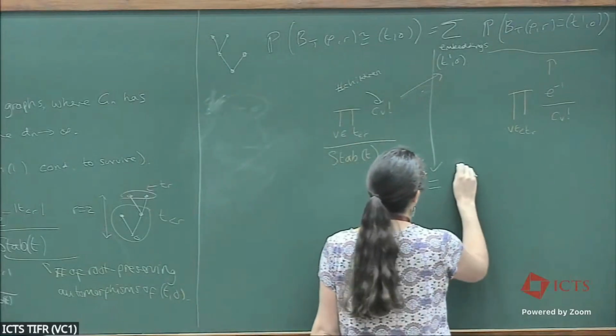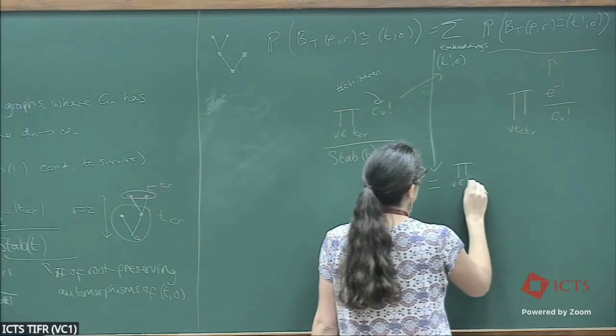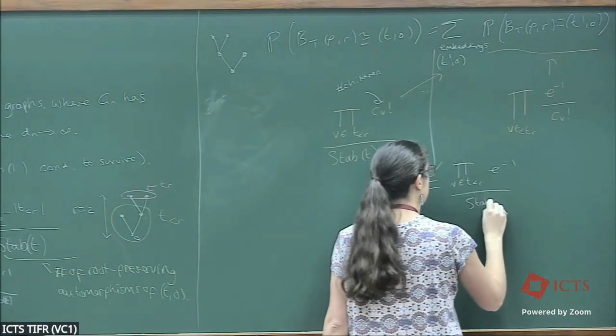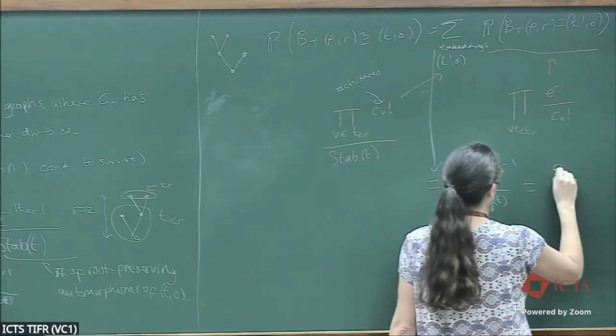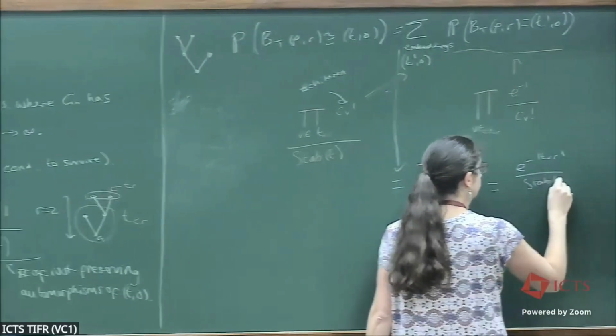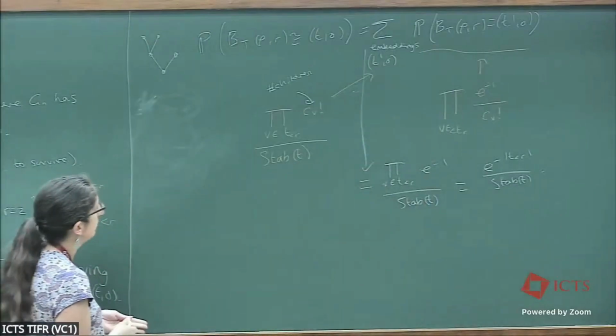And so what we get is this product over V below level R of e to the -1 divided by the stabilizer. But of course, this is just the number of terms in the product. And so we get what we wanted. Okay, so this is how you derive the probability for the Poisson tree.